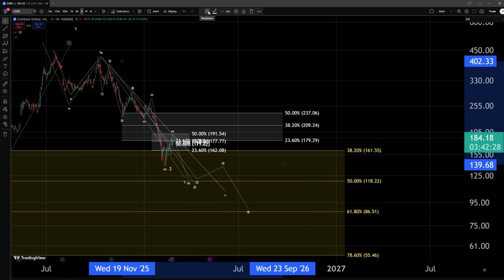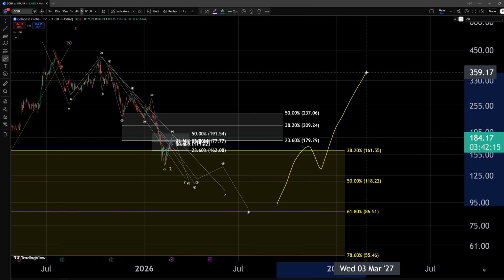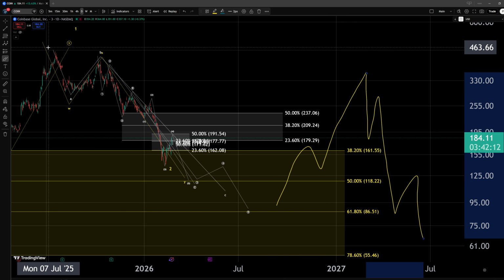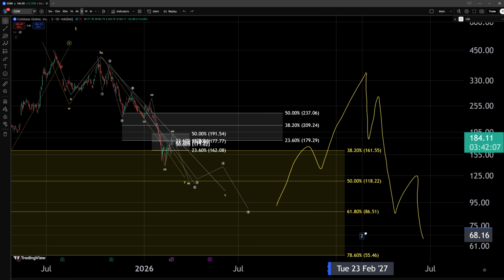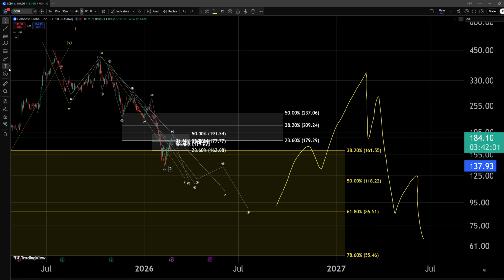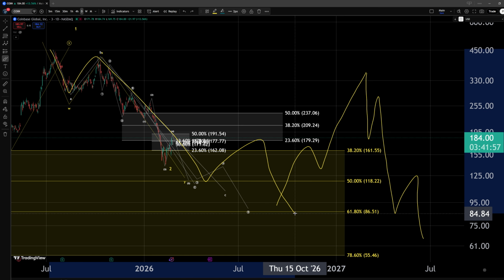And if we do build such a structure, I would be looking for a larger 3-wave correction and then at the very least another 5-wave move to the downside to complete a larger 3-wave correction within this larger wave 2 in yellow. Remember, the wave 2 is expected to be a 3-wave pattern. We cannot be looking for a bottom with high probabilities if we form an initial 5-wave move to the downside.